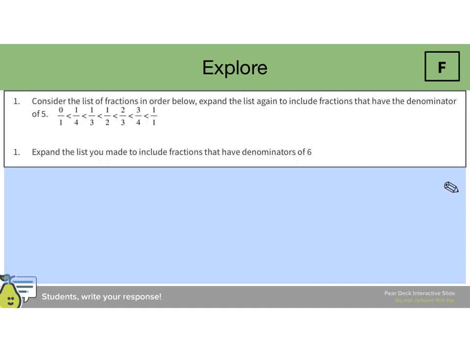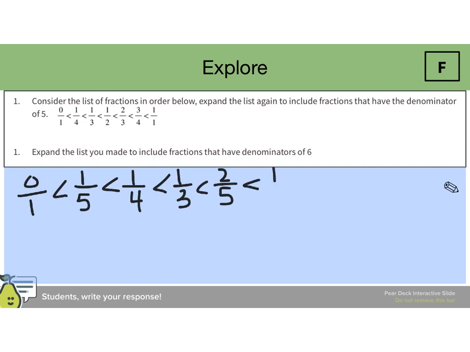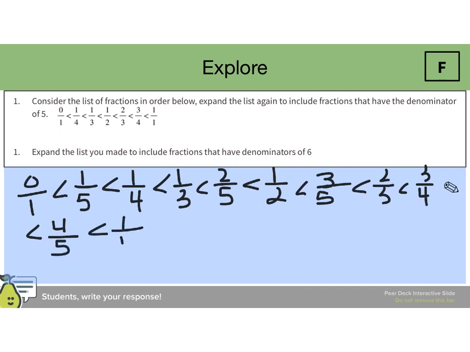So for the first question, students should have an answer of 0/1, 1/5, 1/4, 1/3, 2/5, 1/2, 3/5, 2/3, 3/4, 4/5, 1/1.